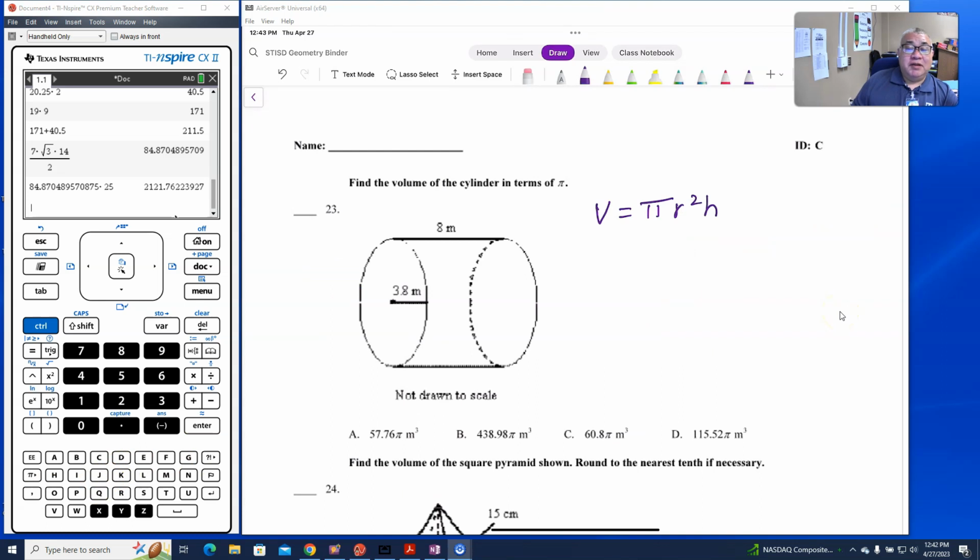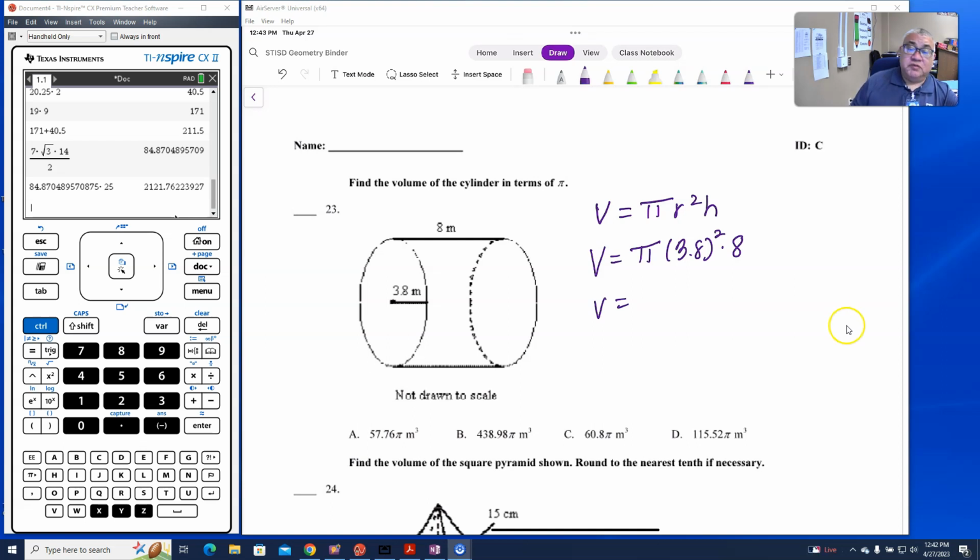Anything with pyramids, I'm not going to be able to teach you this year, so I'm not going to hold you accountable for pyramids. So I'm going to go ahead and find the volume of this cylinder. I know it's an odd number, so I'm going to go ahead and do that. So you have V equals pi, and the radius is 3.8 squared, and the height of the cylinder is 8.